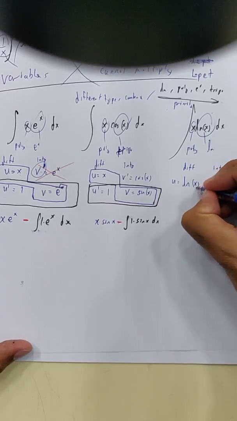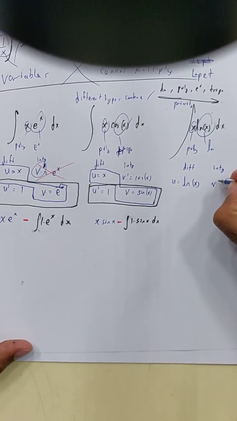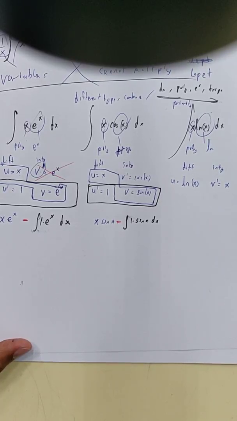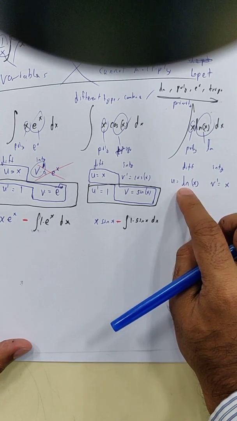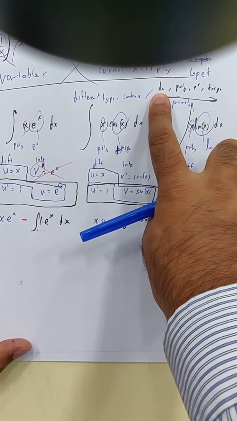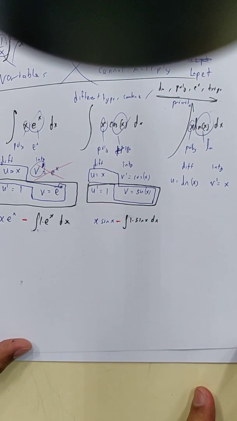So I'm differentiating ln x, I'm also integrating x. Are you guys okay? You want me to repeat that again? Class, tell me why am I differentiating ln, why not x? Priority goes to ln. How do you memorize the priority? Ln pad.